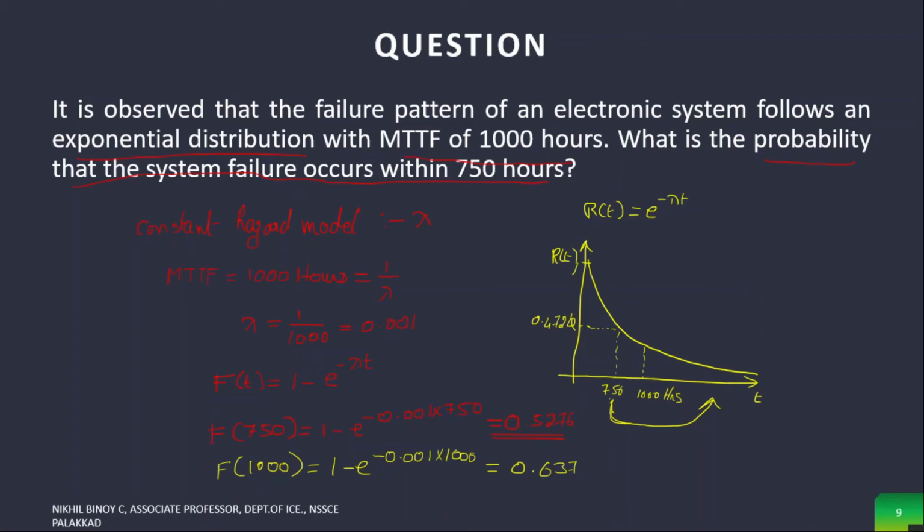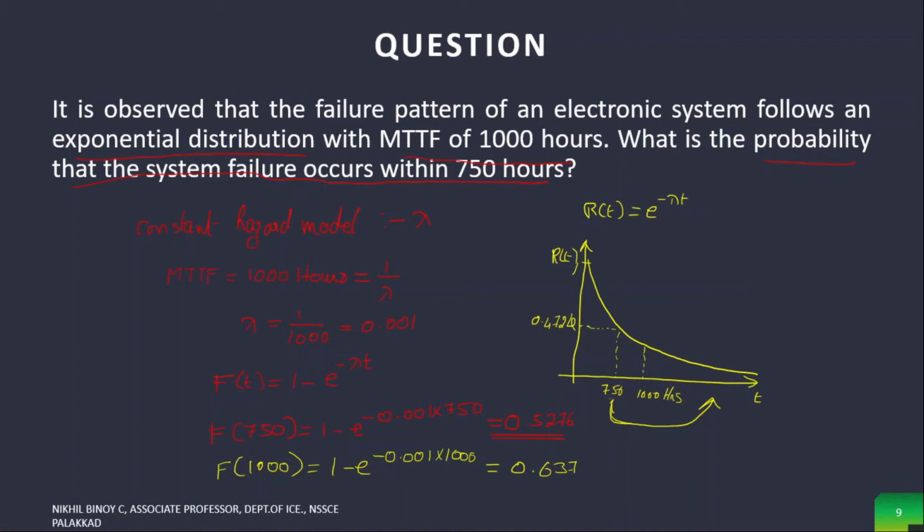The question is very simple. We are asked to find the probability of failure within 750 hours, and we already have that value. But please remember some concepts. If it is following the constant hazard model, then at the mean time to failure, around 63.7% of components will fail.